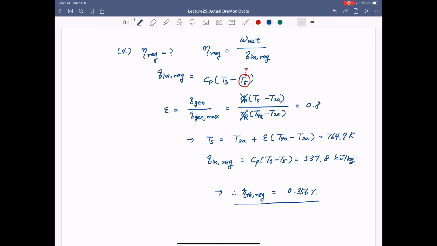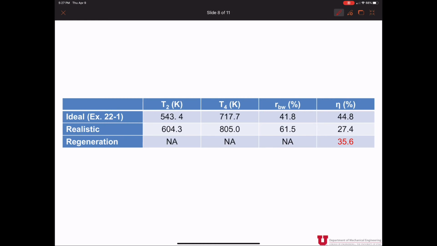Then we also assumed that there is a regenerator attached, and calculated the thermal efficiency for the regeneration system. Now let me pull all these values up and compare them together. So these are all the results for example 28 from the previous lecture, and now the realistic gas turbine.